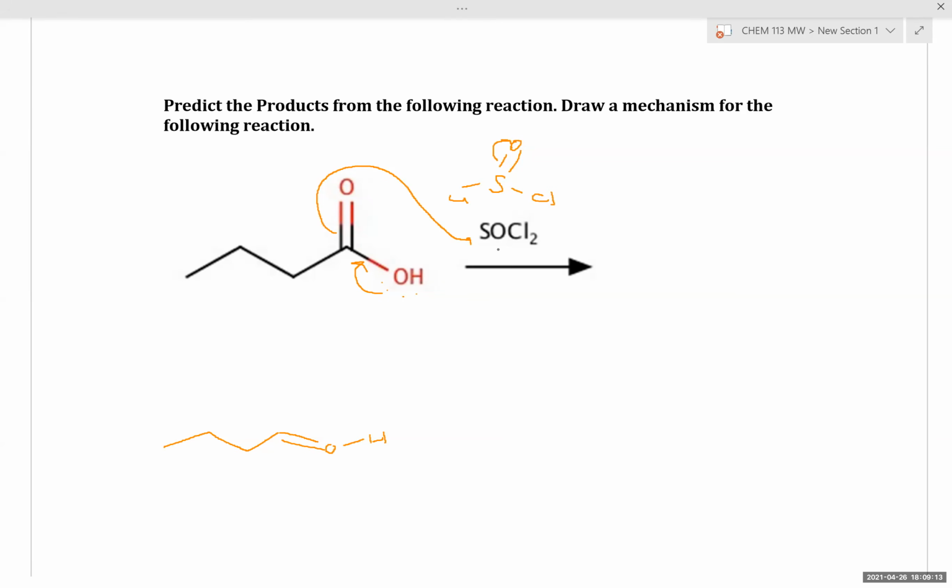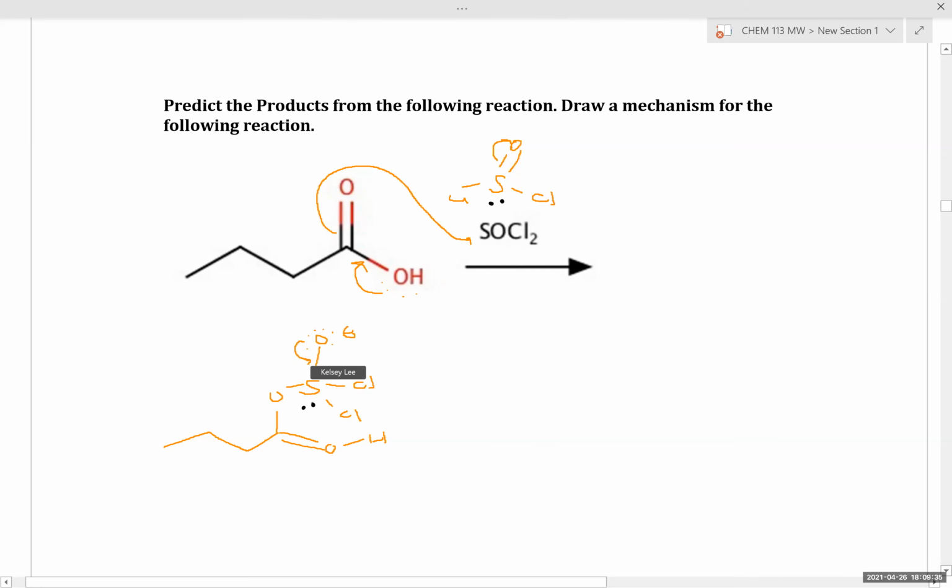Now, thionyl chloride is so electrophilic, and it's great because it has two wonderful leaving groups. So what's going to happen at our sulfur atom? We currently have this intermediate that reminds us of a tetrahedral intermediate.